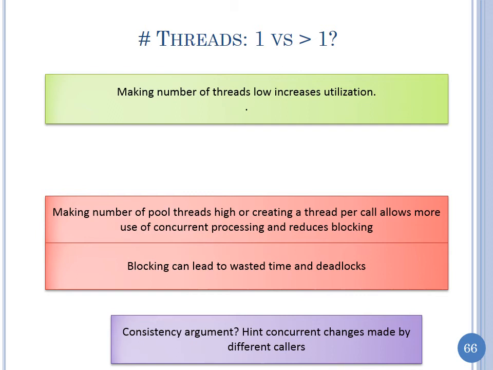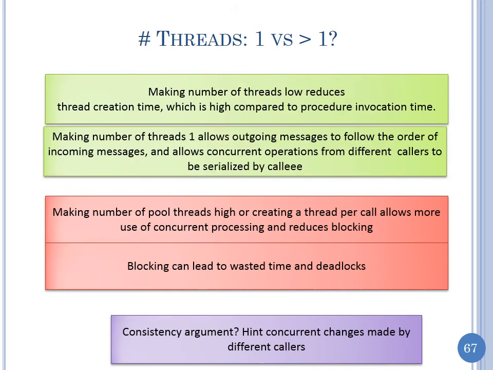Now you have multiple processes, like a multi-user game, and you're trying to make sure that these games or processes are all consistent with each other. Sometimes you need a server to provide that consistency. And I'm saying when you have one thread in the server to process all incoming messages, consistency is more likely in certain situations. So think of that now. That's the hint: concurrent changes made by different callers.